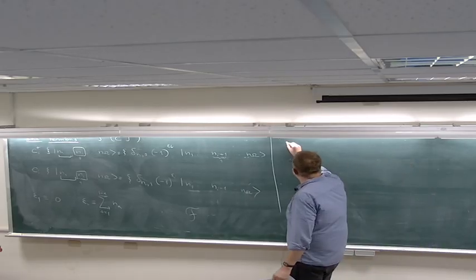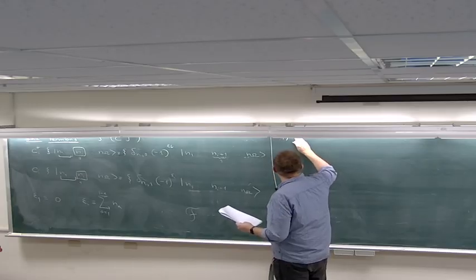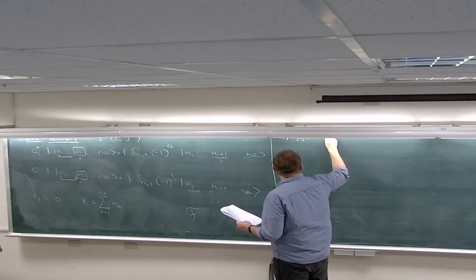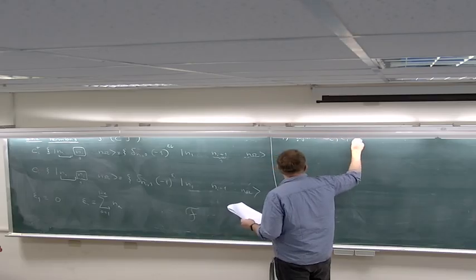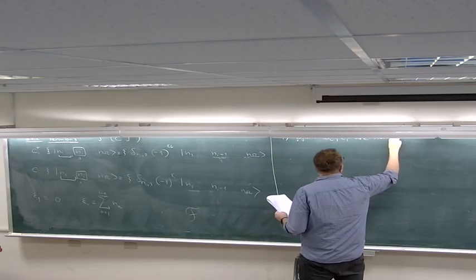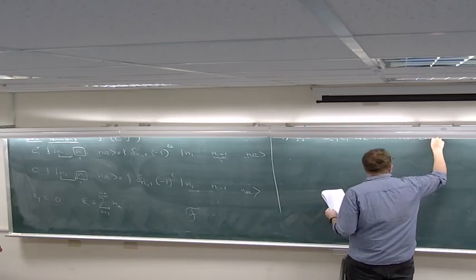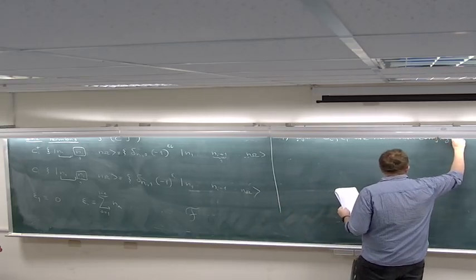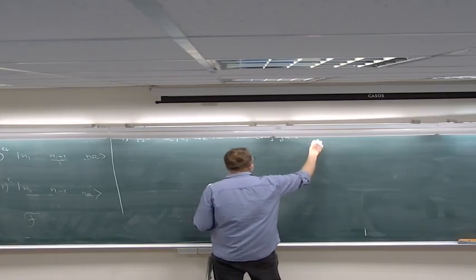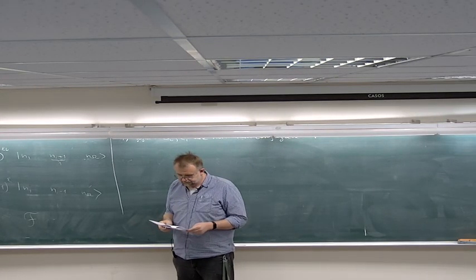The first property is, and I will not make it, I will just write it, but again, as in the previous case, CE dagger and CE are Hermitian conjugate. Just check it by yourself, okay? It's easy, something what we did.